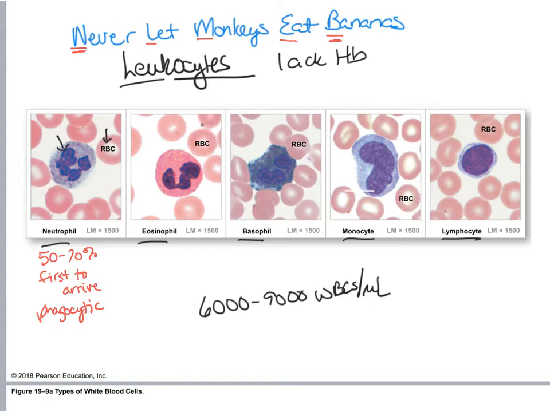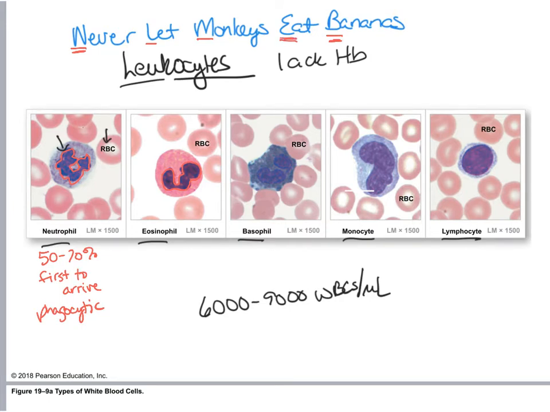Then the next one that we see is the eosinophils, and when we're looking at these, we can see these big nuclei. They're really odd-shaped nuclei. We saw that in the neutrophil too, really big nuclei. All right, so now we're on to the eosinophils.